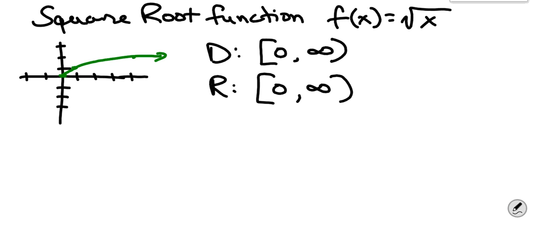And I will tell you that sometimes these are both called non-negative reals. I'm just going to write that as well. Non-negative reals. We don't call them just positive reals because they include 0.